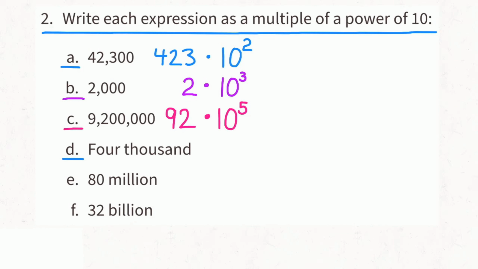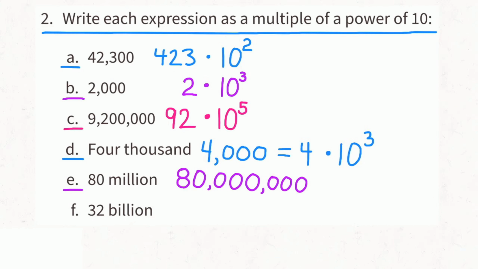D. 4,000. That's 4 followed by 3 zeros. Those 3 zeros tell me that the value of this number is 1,000 times greater than 4. So we can write 4 times 10 to the power of 3. E. 80 million. That's an 80 followed by 6 zeros, or an 8 followed by 7 zeros.